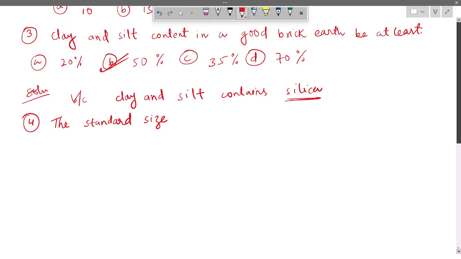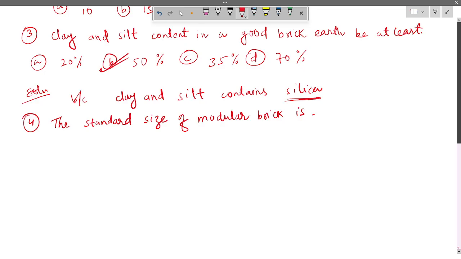The standard size of modular brick is... what will be the standard size of modular brick? The standard size is the same as modular size. So what will be the answer?